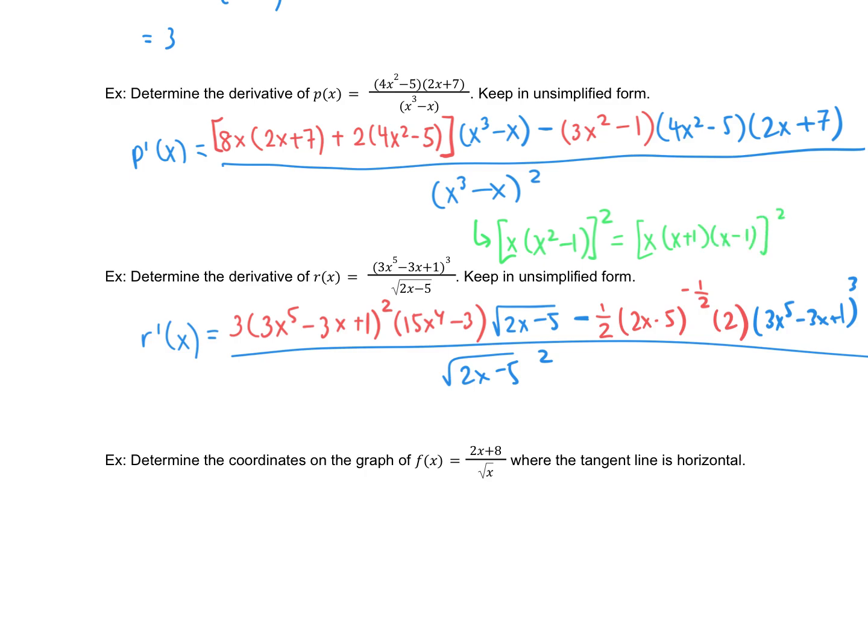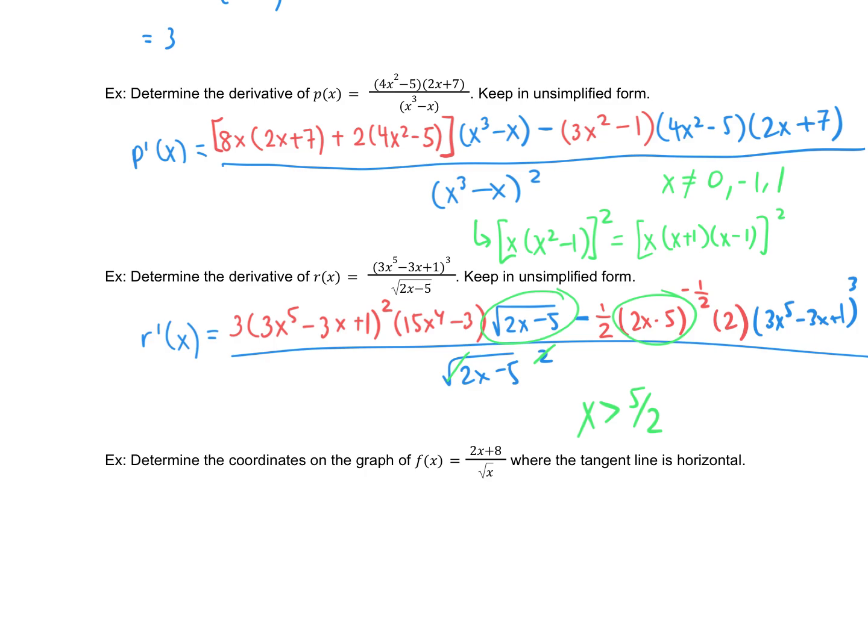I don't see any radicals, so my restrictions would be x cannot be 0, -1, or 1. For the next one, these ones would cancel out, so x can't be 5/2, or it'll make the denominator 0. But I also have a radical up here and down here, so that has to be greater than 0, so x has to be greater than 5/2.